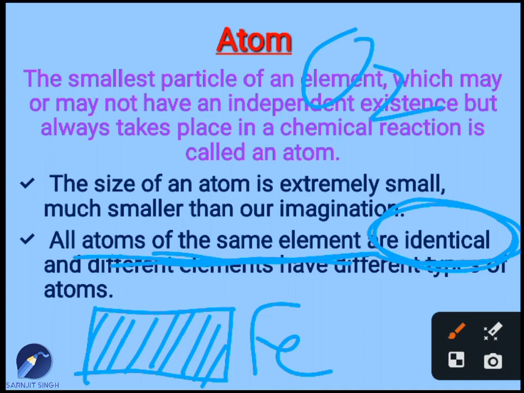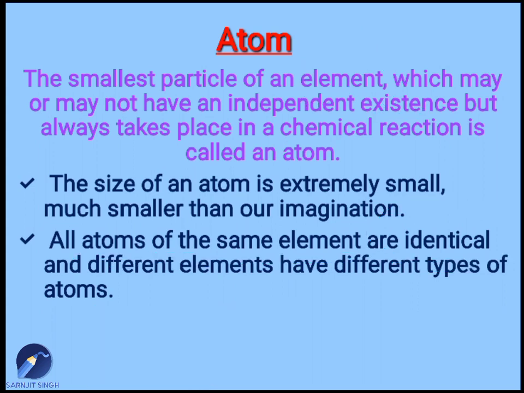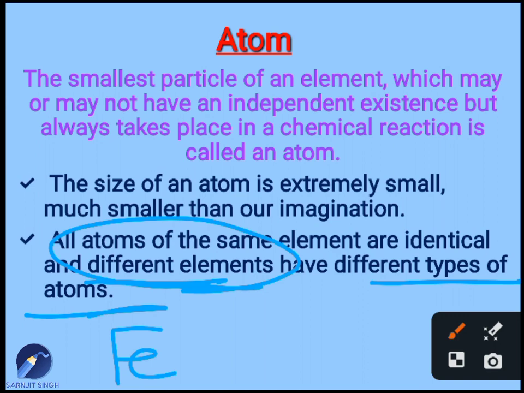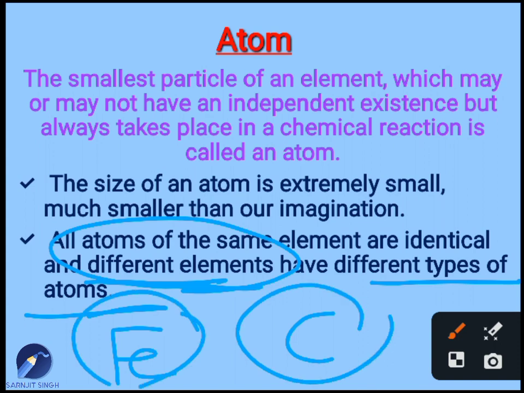So the atoms of every element are identical in nature, but different elements have different types of atoms. Take an example of two different elements: iron and carbon. Iron is a different element, carbon is a different element.